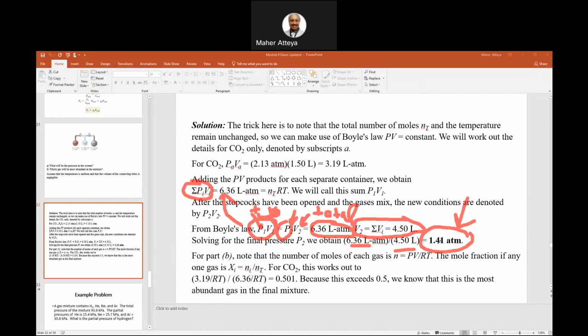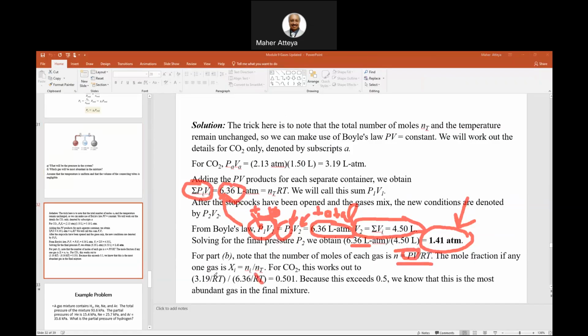Now, which one will have more moles? Well, you just apply this. The PV, you have it there. That's the total here, which is given to you. Look at this: PV and RT, divided by RT.